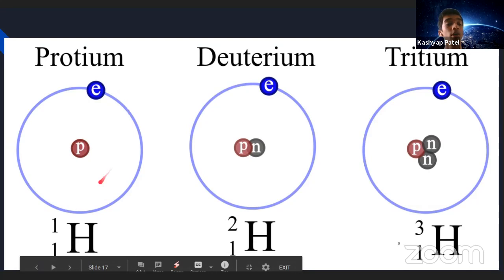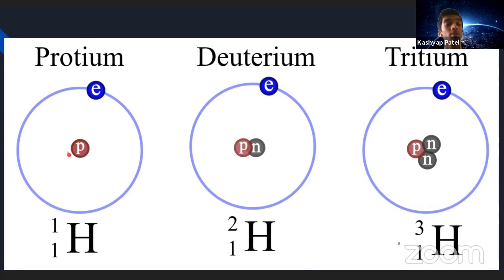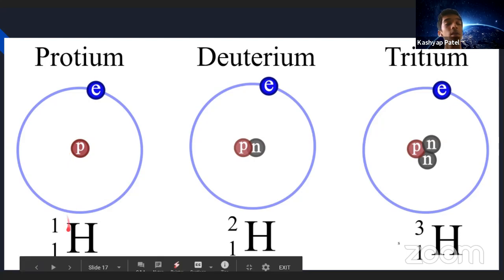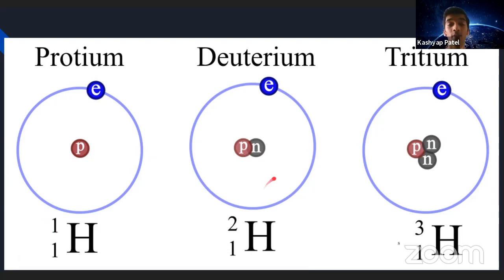As you can see, we only have 1 proton in the nucleus, which is why the atomic mass of protium is also only 1. Now if we go to deuterium, there's a proton and a neutron, so there are 2 atomic mass units. Tritium, 3, because there are 2 neutrons and 1 proton.